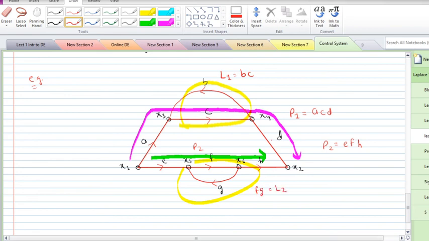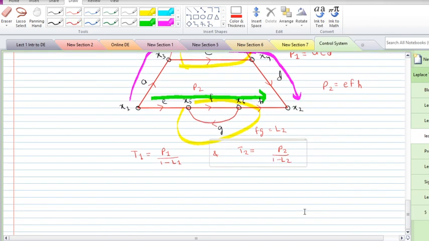So in this way you can proceed for T1, because there are two possible paths. You can write it as P1 divided by 1 minus L1, and the transfer function T2 for the separate path is P2 divided by 1 minus L2.